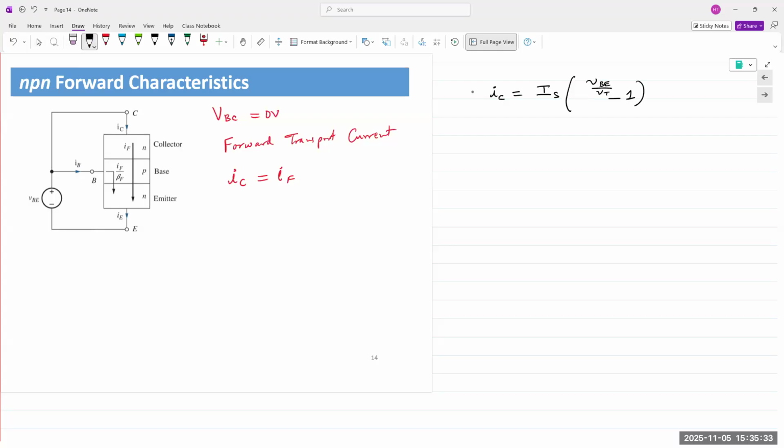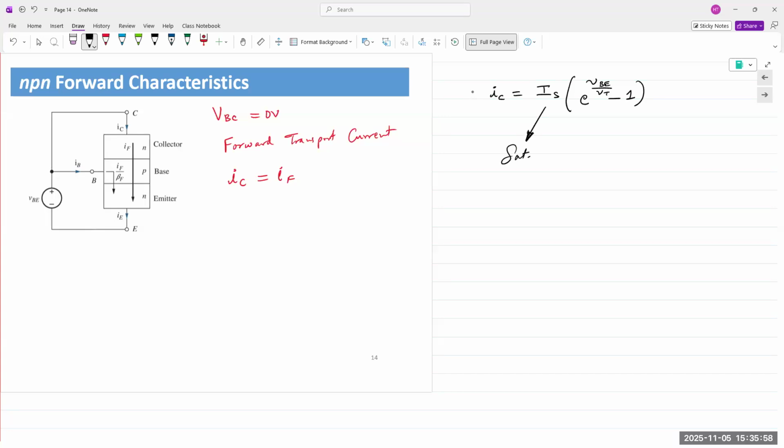Based on the diode equation. IC or IF, forward current, equals saturation current, e raised to VBE over VT minus 1, where IS is the saturation current.